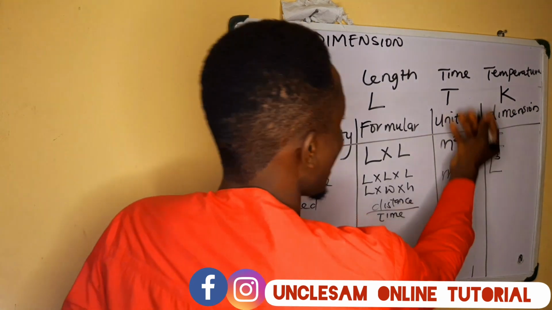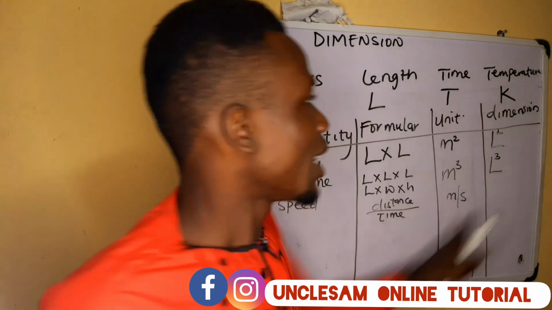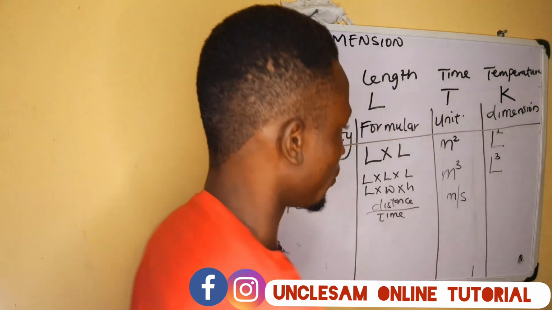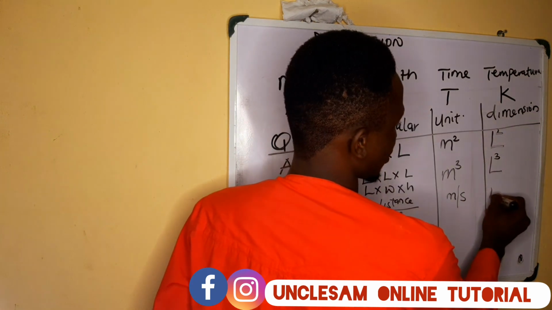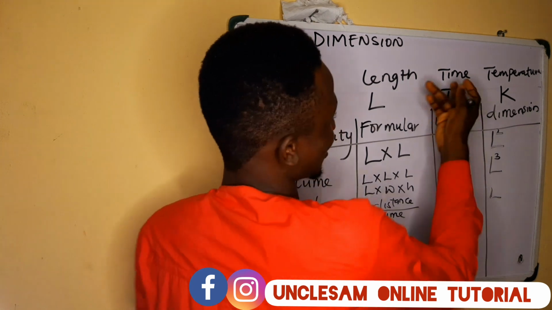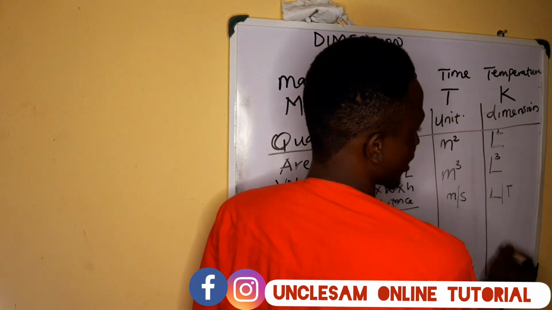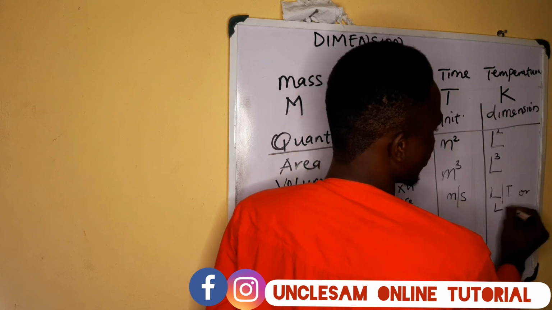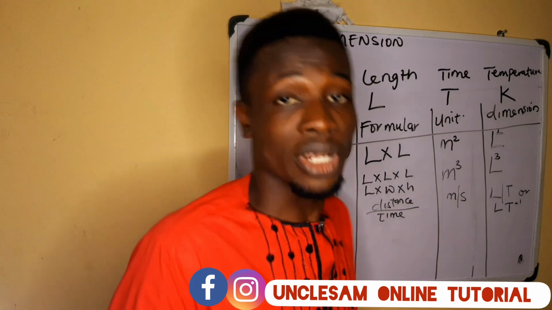So the SI unit of speed is meter per second. How do we represent that in dimension form? M will stand for L, which is length in dimension. Then S will stand for T. So it's going to be L/T, otherwise written as LT to the power of -1. That is another way to write it.